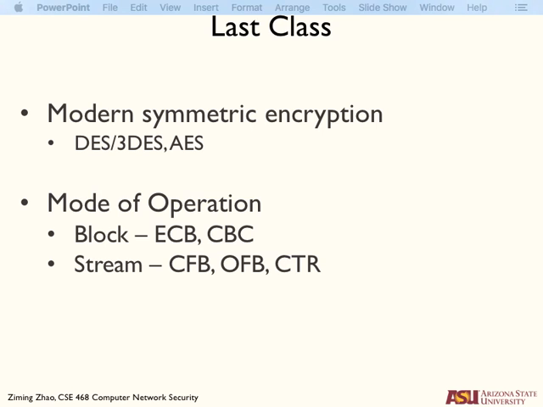Last class we talked about some modern symmetric encryption algorithms, including DES, triple DES, and AES. We also covered different modes of operation to use a block cipher, and to use a block cipher to construct a stream cipher.